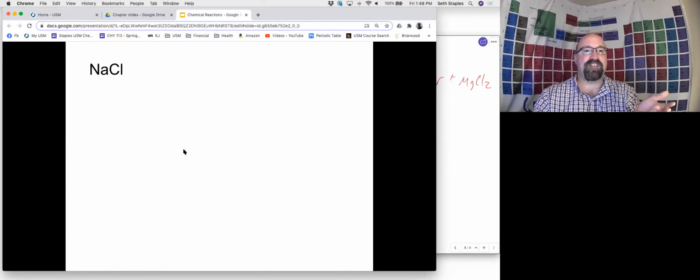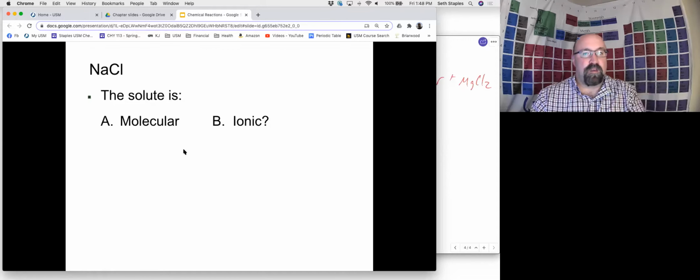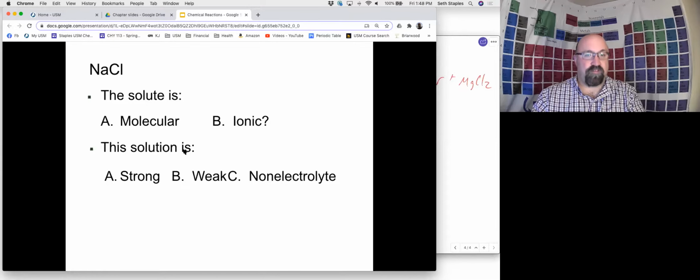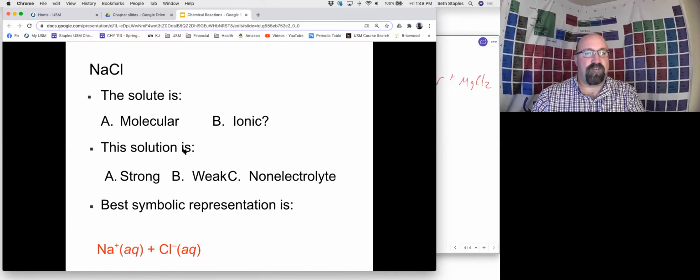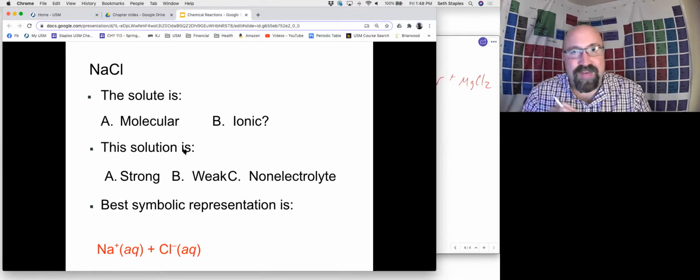So for instance, NaCl, ionic, right? It's one of our classic examples of an ionic compound. So we know that it is ionic, and so the solution itself is going to be a strong electrolyte. And we would represent that this way. And so that's the key.